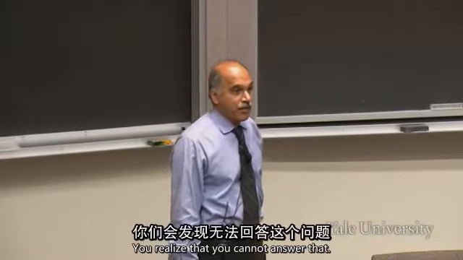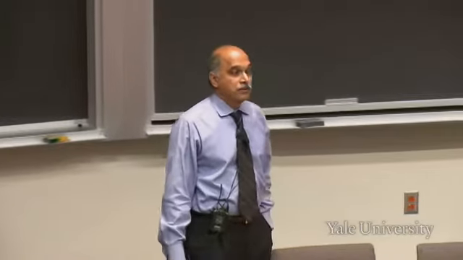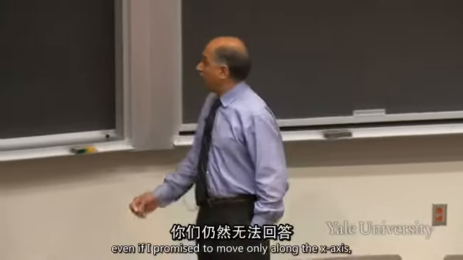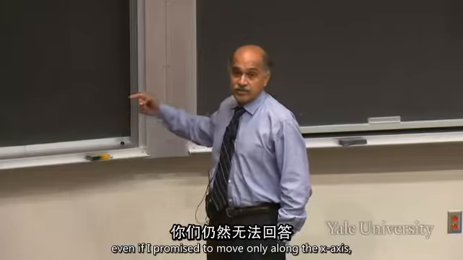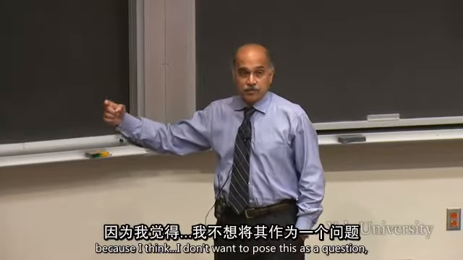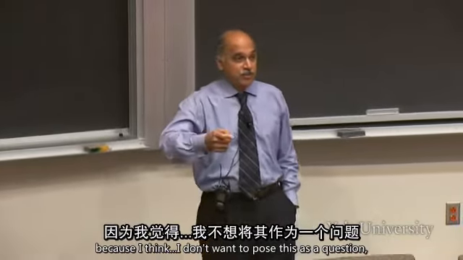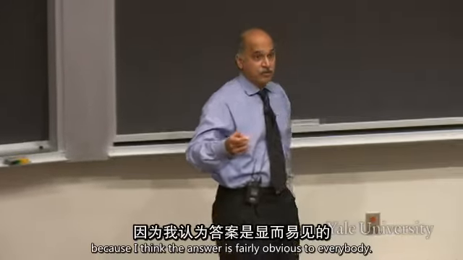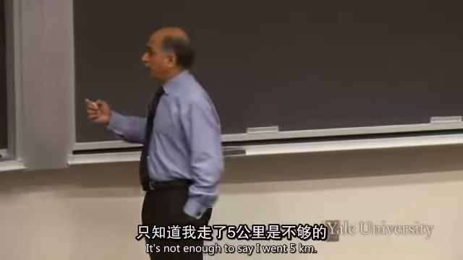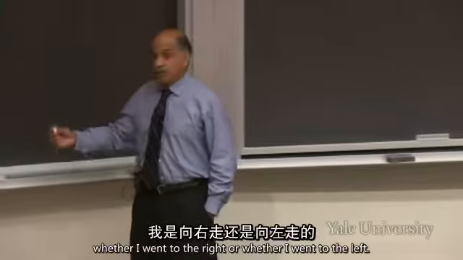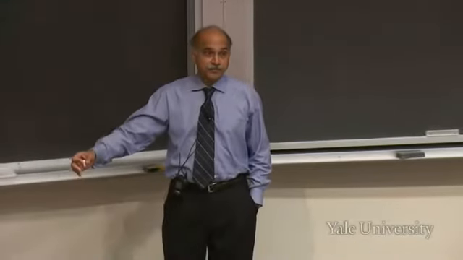You realize that you cannot answer that. You cannot answer that even if I promise to move only along the x-axis. Because I think I don't want to pose this as a question, because I think the answer is fairly obvious to everybody. It's not enough to say I went 5 kilometers. I got to tell you whether I went to the right or whether I went to the left.